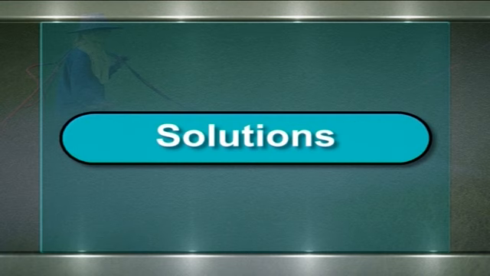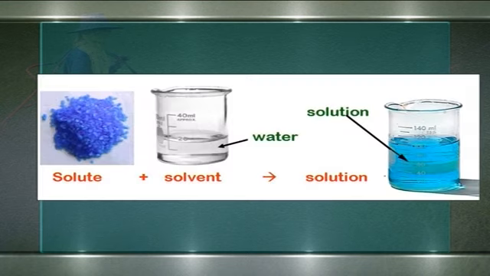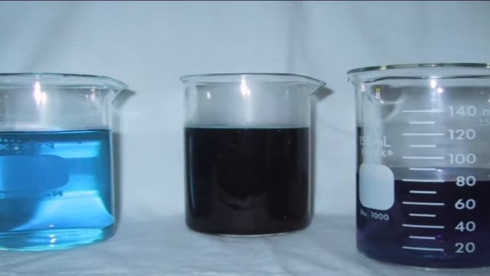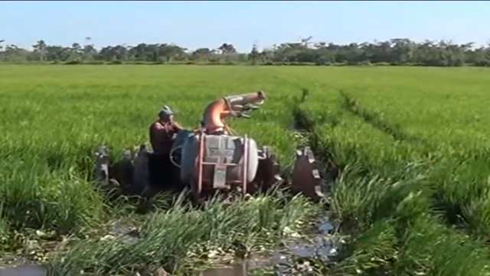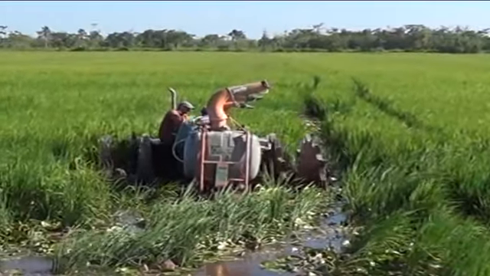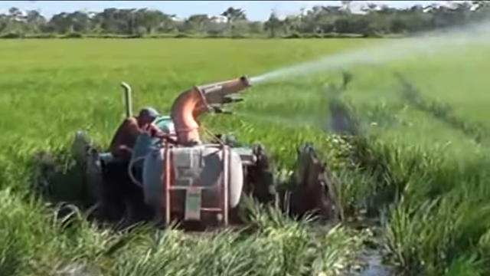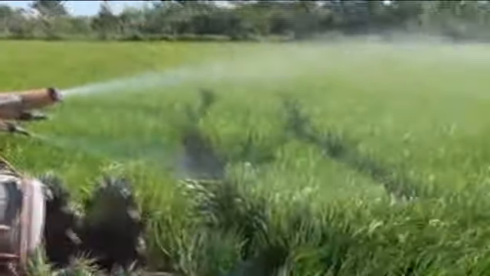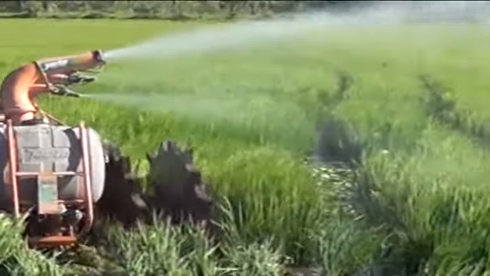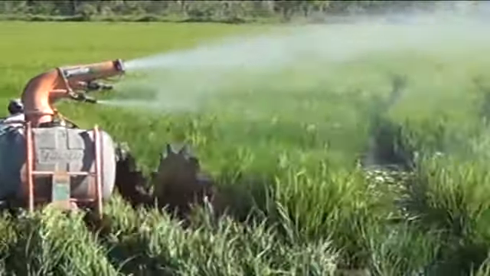Next is solutions. Solutions consist of water-soluble active ingredients dissolved in water for sale to the applicator for further dilution prior to field application. They will obviously form a true solution in the spray tank and require no agitation after they are thoroughly dissolved.